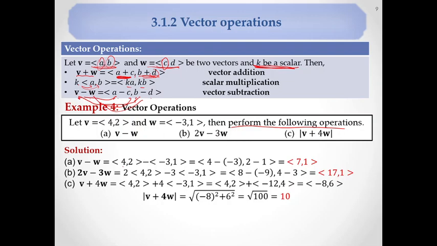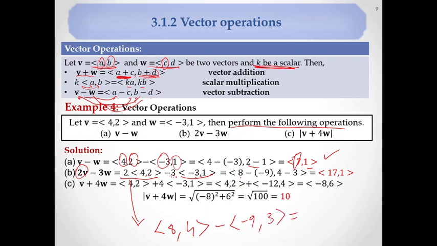If you subtract these two, you will get 7 minus 2, which makes 5, and 2 minus 1, which makes 1. Now 2 times v minus 3 times w: first you do the scalar multiplication. 2 times 4, 2 gives 8 and 4, and minus 3 times negative 3, 1 gives minus 9 and then minus 3.